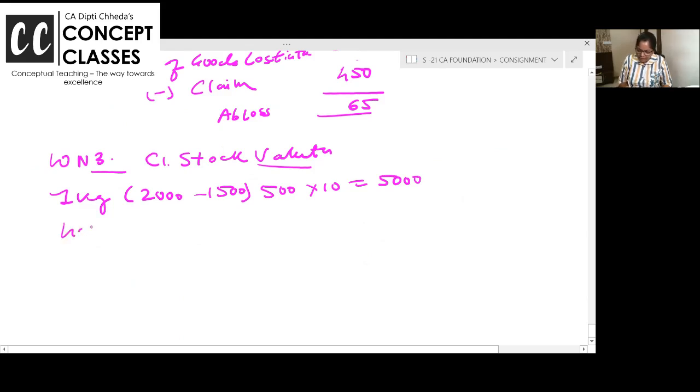Half kg packets: 6,000 we have sent. 4,000 are sold, so 2,000 are there. Cost price is 6, 12,000.